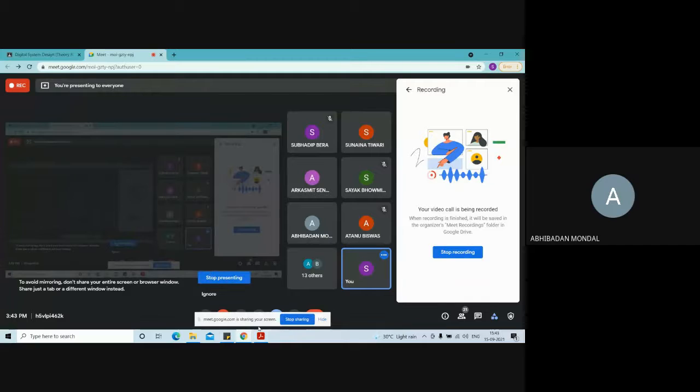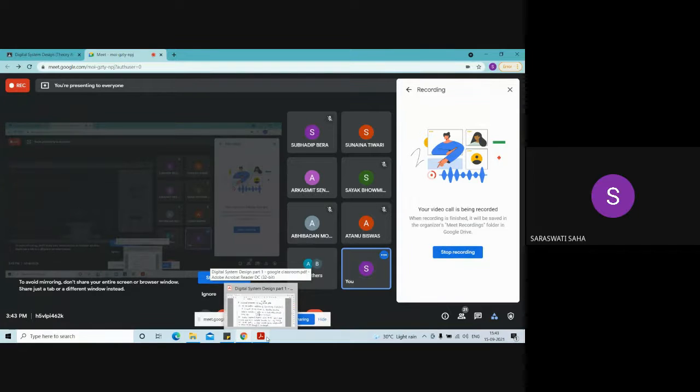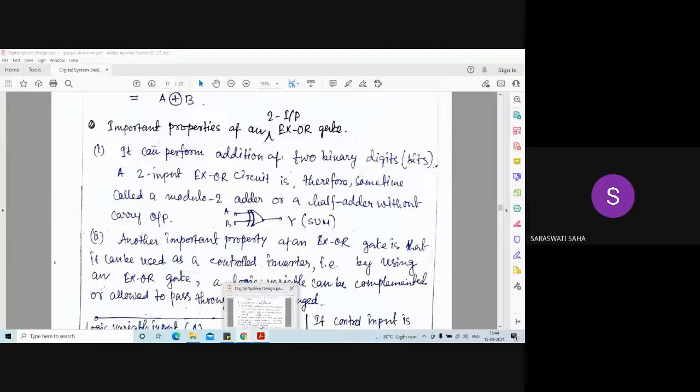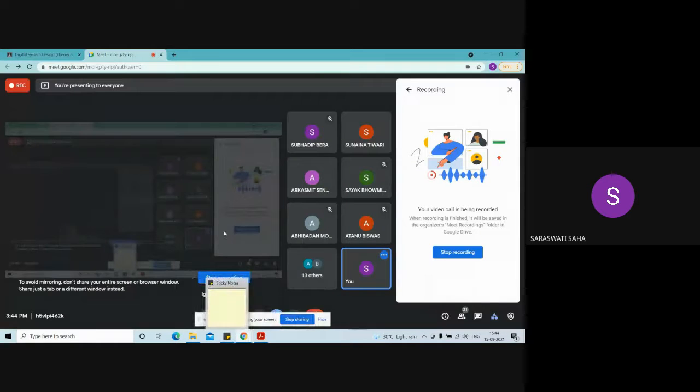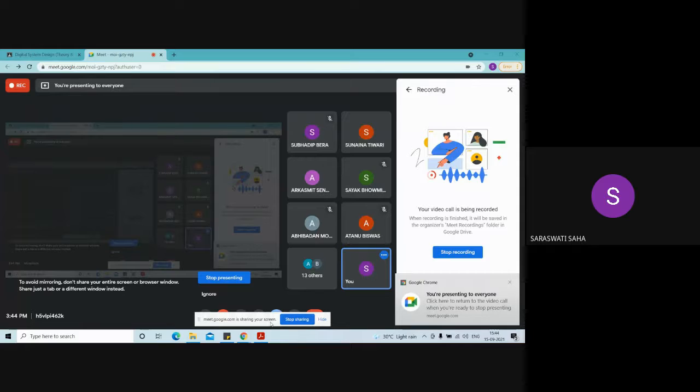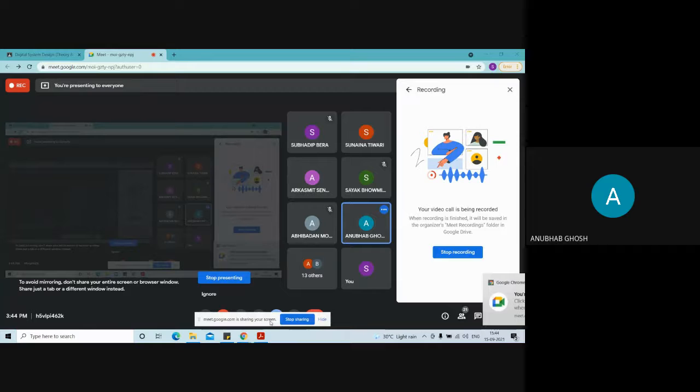Obhibadun, present, ma'am. Astik, roll number 62, Astik. Anubhav, yes, ma'am. Present, ma'am. Shubhodip, present, ma'am. Shunayana, present, ma'am.